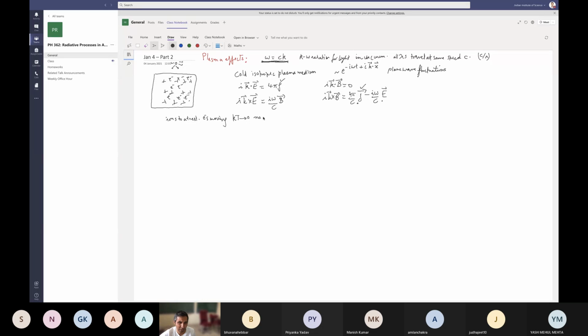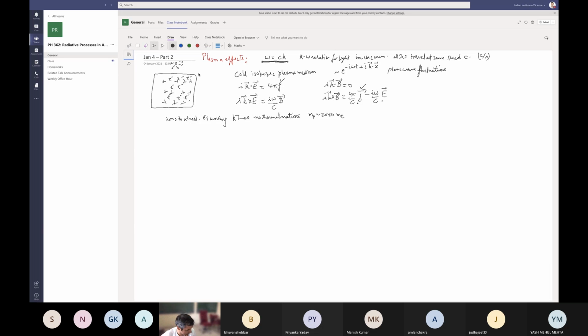So there are no thermal motions, and we are ignoring the ion motion because the ion mass, the proton mass, is like 2000 times the electron mass. So the ions don't move for the same electric field. Electrons move much faster than the protons. So we can ignore ion motion altogether without making a big mistake.